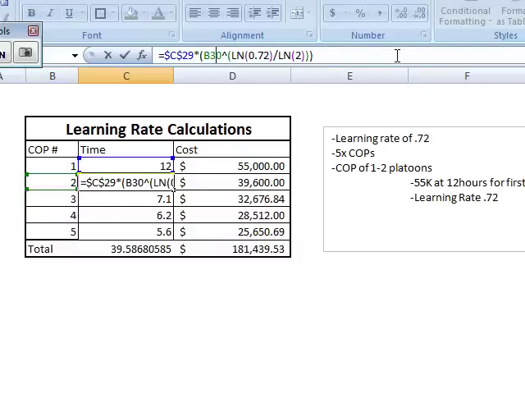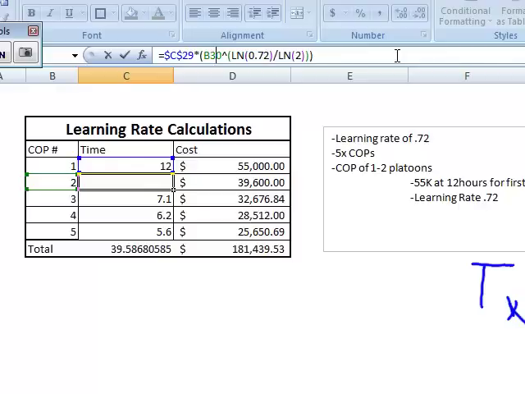If you remember, the form is T sub x is equal to T sub 1, so this is x there, times x raised to r, and r takes the form of the natural log of your learning rate divided by the natural log of 2.